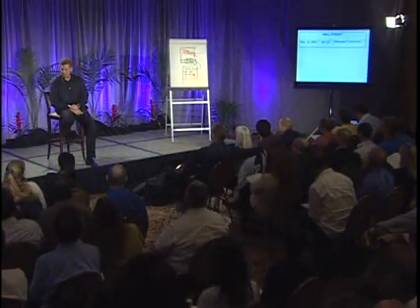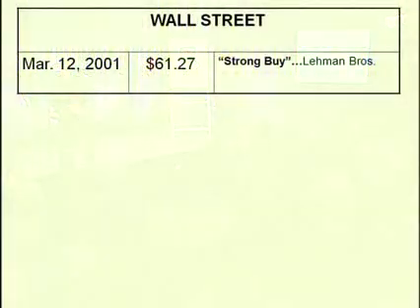Let's see what the smartest people on Wall Street said about this real live business. On March the 12th, 2001, at $61 a share, Lehman Brothers said this is a strong buy. Better believe them, right? Smartest guys on the planet, right?